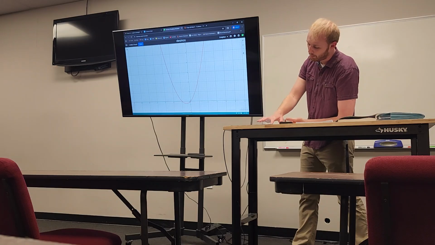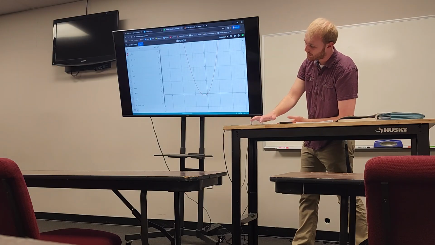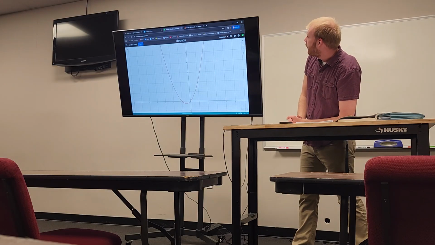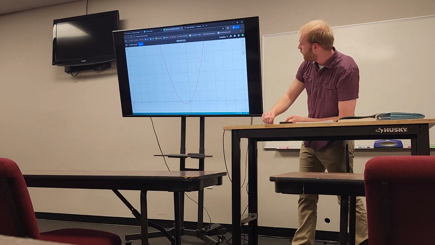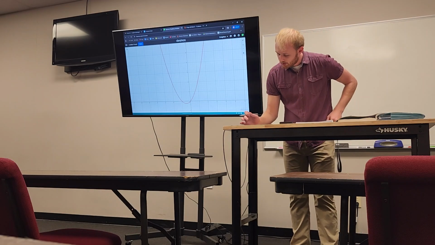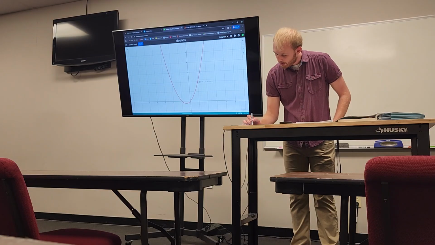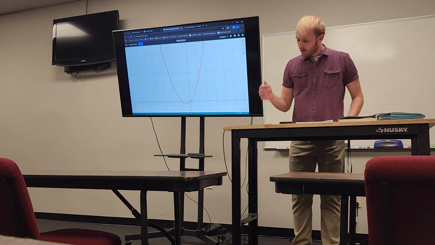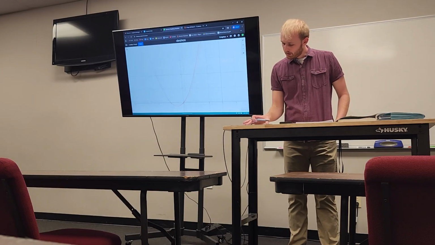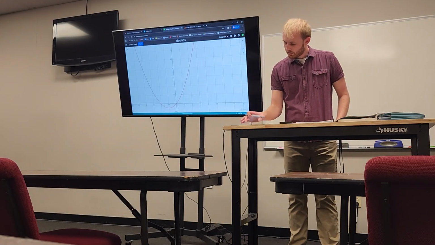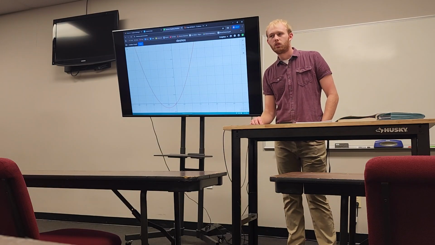Okay, so let's see here. This function is x squared plus x. Let's try to see if we can find the rate of change right here at 1, 2. Yep, 1, 2. Let's see if we can find the average rate of change nearby.